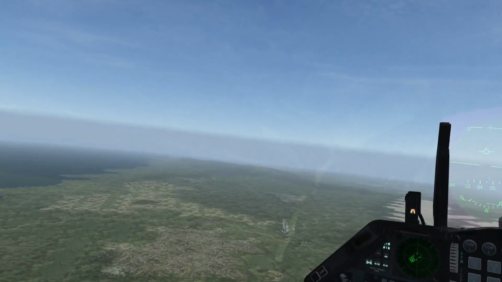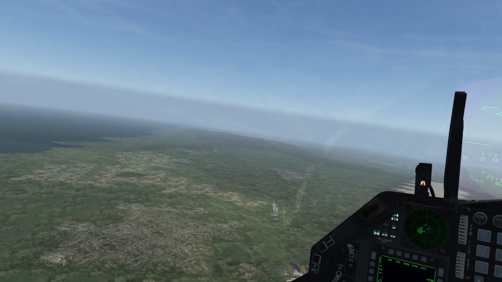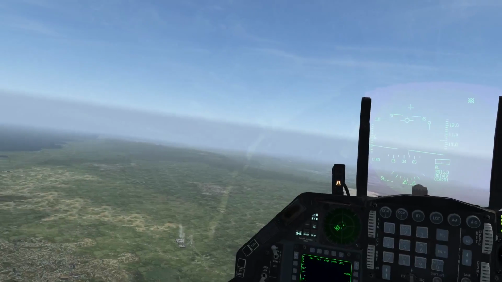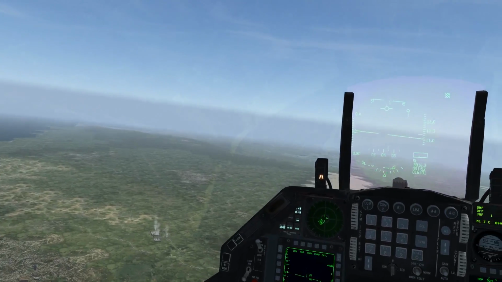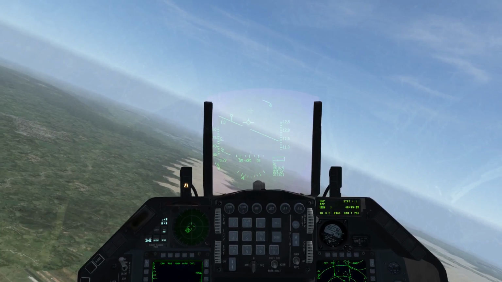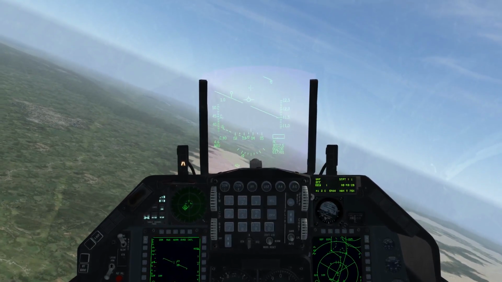Get a little bit higher. This ridge here is called Mount Carmel. Sort of like a green ridge leading towards the northeast. And again, this will be the pretty standard ingress route for most of the missions.